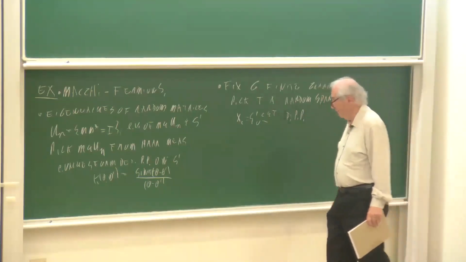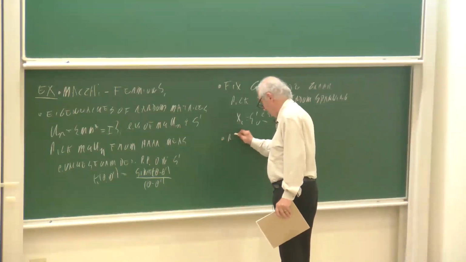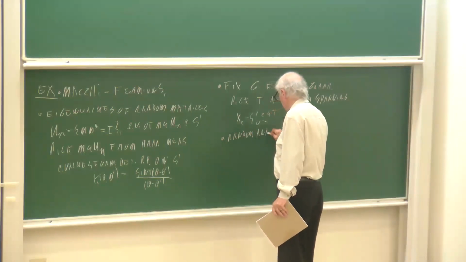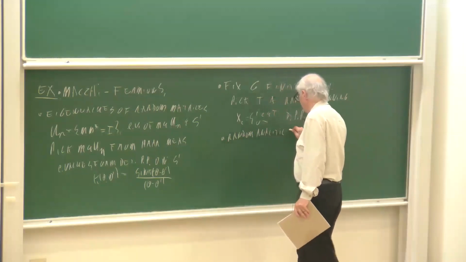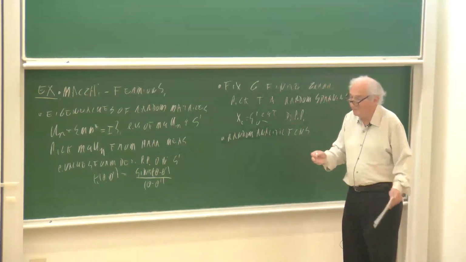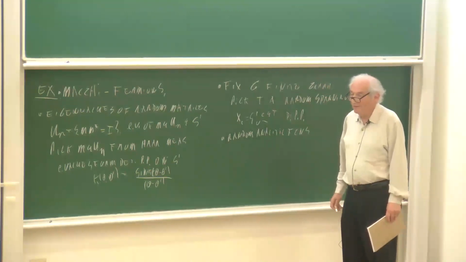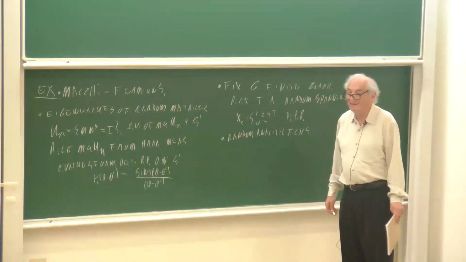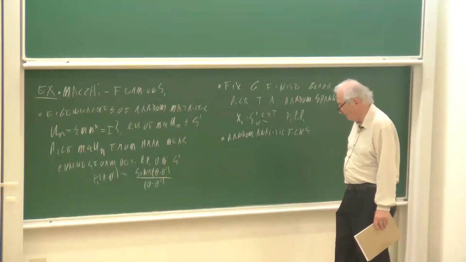Random analytic functions. So this is a huge set of examples, and I'm only going to say one, but I'm trying to make the point that there are a lot of things that are determinantal in many, many different walks of life.